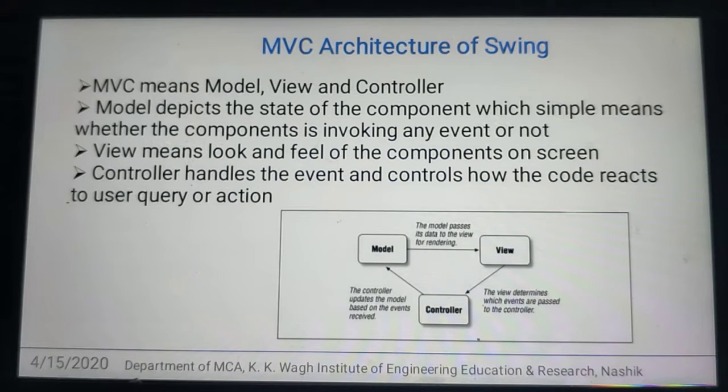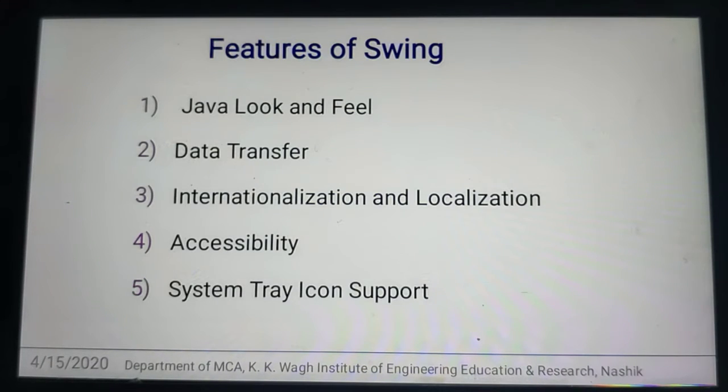The model passes the data to the view for rendering the components on the screen. The role of the view is to determine which event is passed, and then it passes it to the controller. The role of the controller is to handle the event and control the code. That means it reacts to the user's actions. This is the MVC architecture.